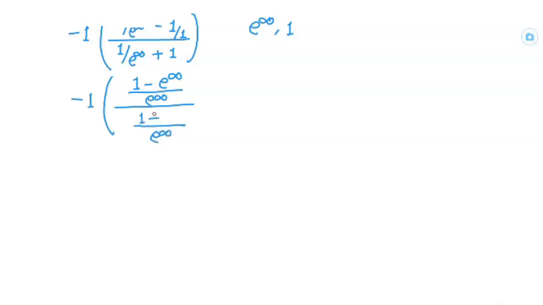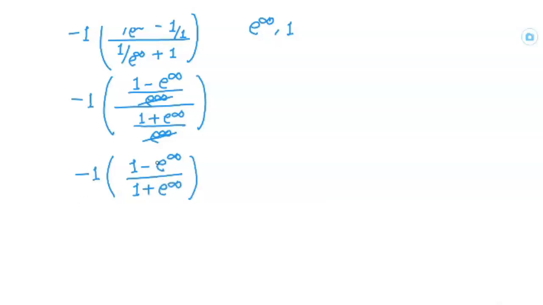In the denominator, the LCM is also e to the power infinity, giving 1 plus e to the power infinity upon e to the power infinity. The e to the power infinity terms cancel out, and we get -1 into (1 minus e to the power infinity) upon (1 plus e to the power infinity).